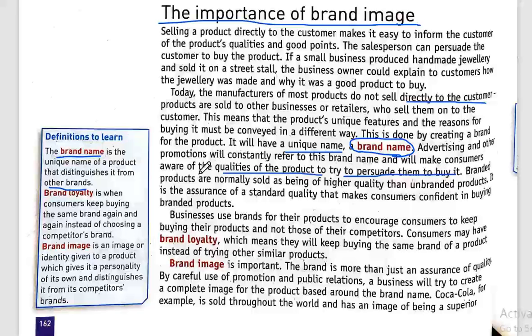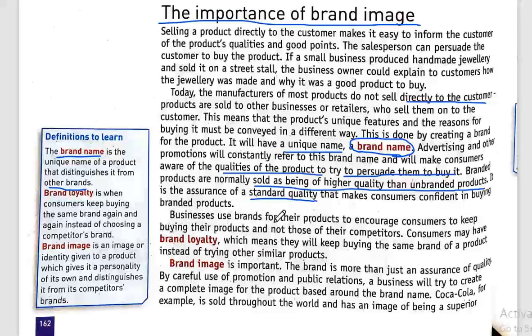Branded products are normally sold as being of higher quality than unbranded products. Of course, a product that has a name is seen as higher quality than products that do not have a name. When the product has a brand name, it's a part of quality, as if I'm telling the customer this product has good quality.